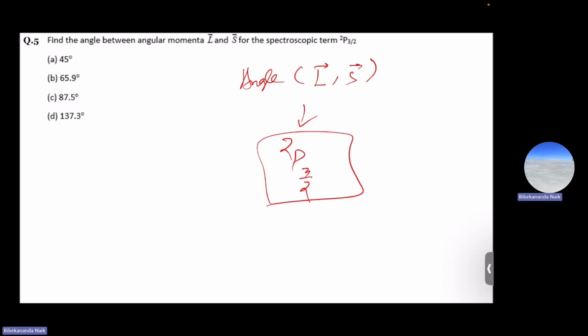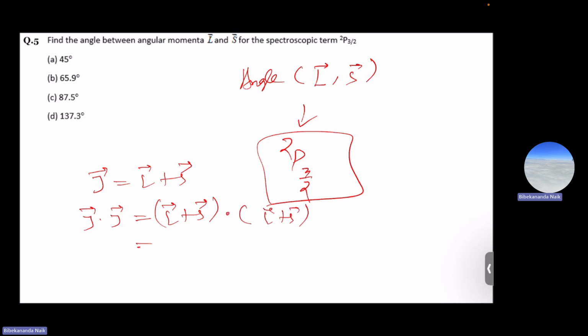So what is the way to calculate the angle between L and S? We know the J vector is L vector plus S vector. Now J vector dot J vector will be L vector plus S vector dot L vector plus S vector.